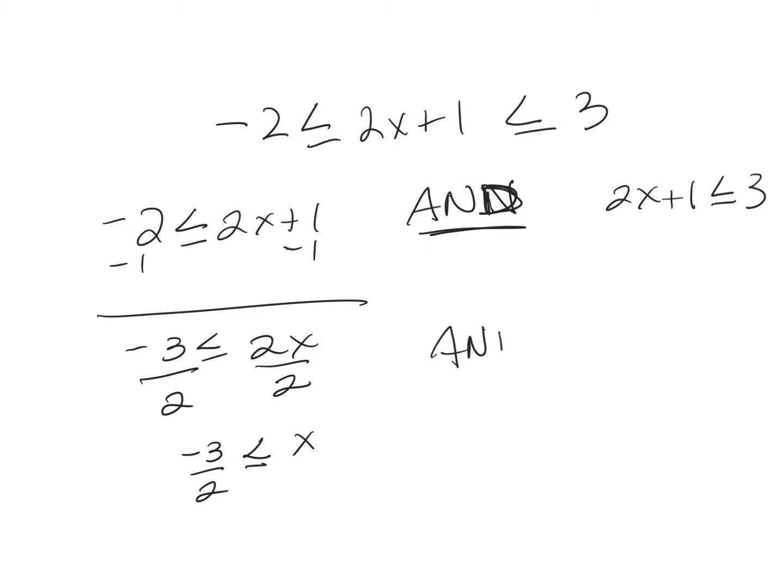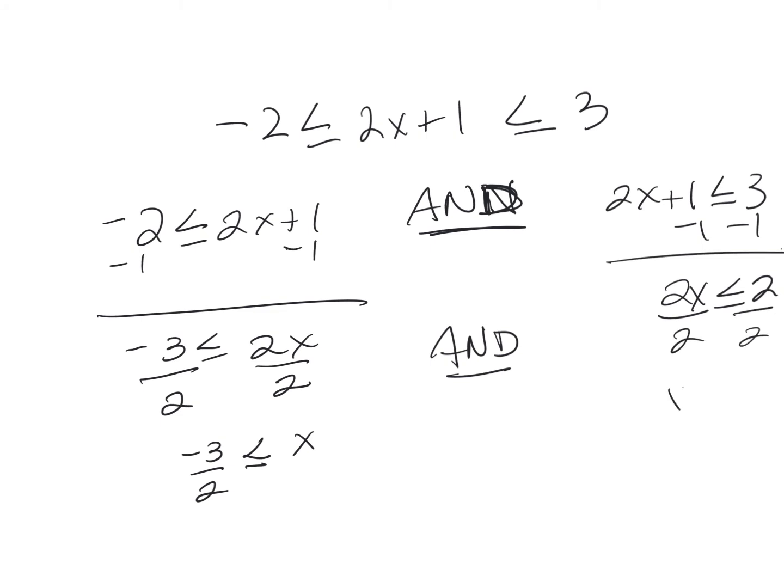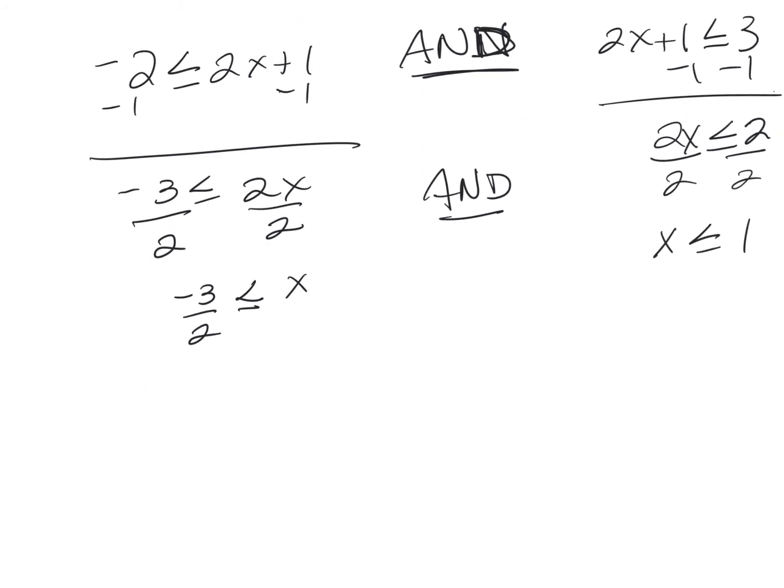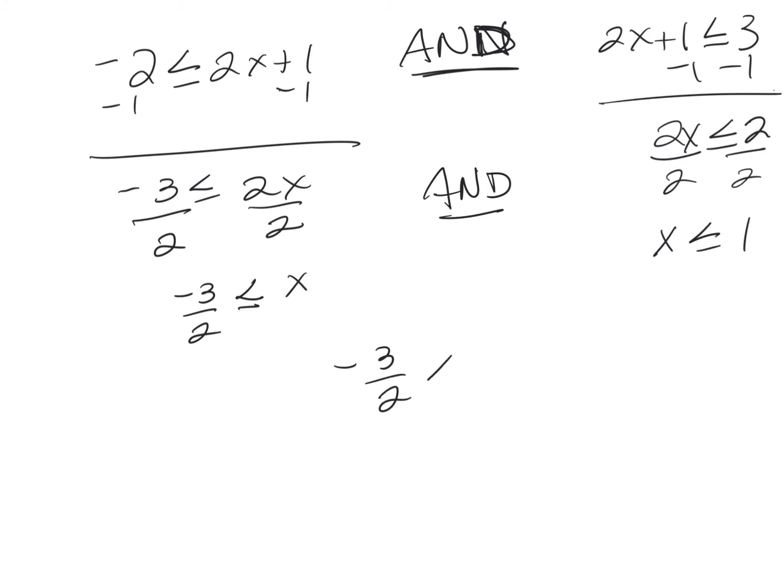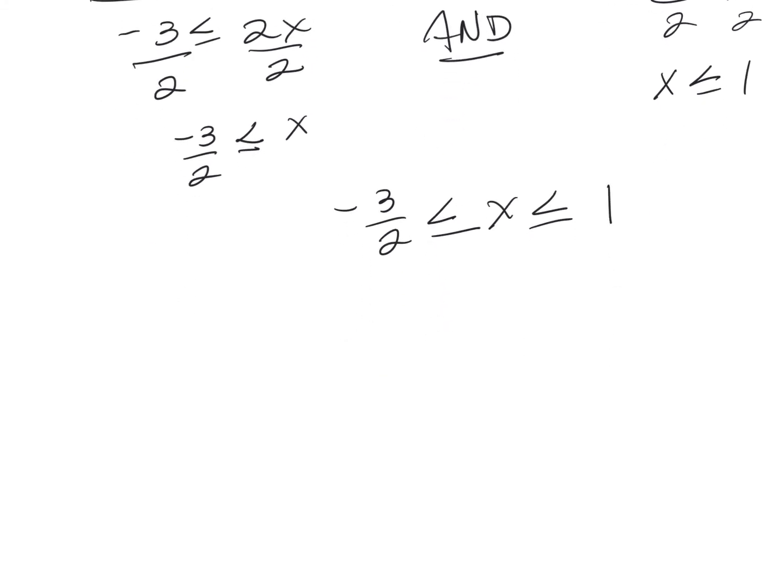And take 1 away from both sides. Divide by 2. This is true. Can rewrite that as this, compound into one thing, which means I am going from -3/2 to 1.